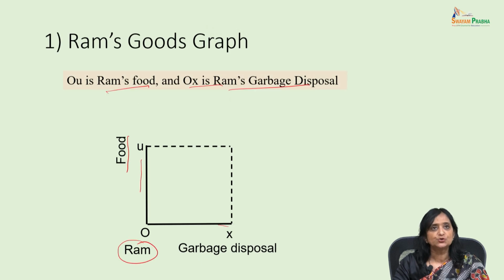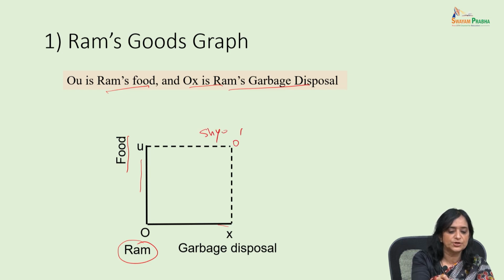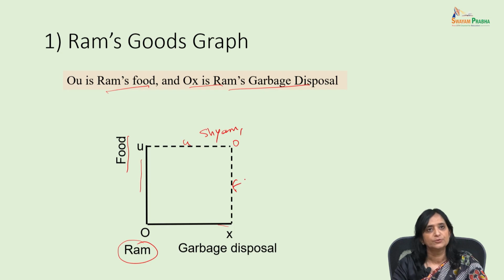Now, as I just told you, if we flip this diagram, this dotted line will be for Sham. So this becomes garbage disposal for Sham and this becomes food for Sham.